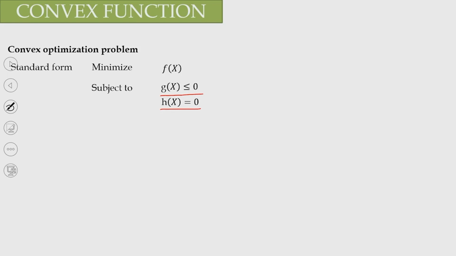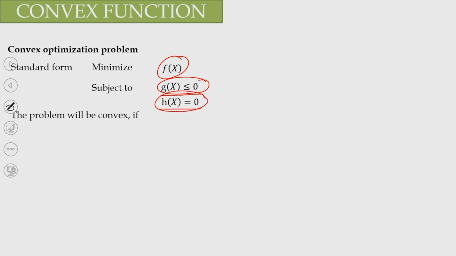That means, g(x) is less than or equal to 0, h(x) is equal to 0. This is the standard form of an optimization problem. So, you have an objective function, a less than or equal type constraint, and also an equality type constraint.